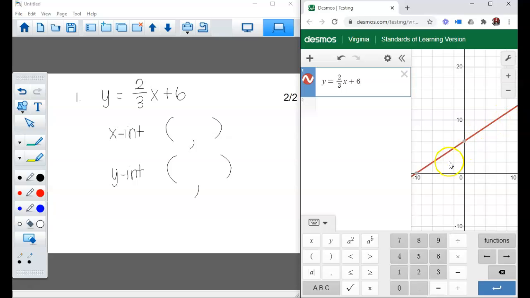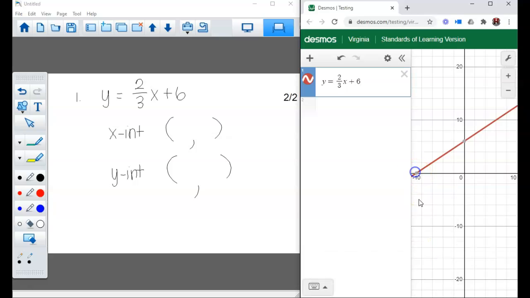And over here on my graph, I can see my nice, pretty straight line. I can see that it has a positive slope. So those are some things that I know about it. Now, to get my x-intercept, I look at my x-axis going across, and I come over here to where the line hits the x-axis, and I click on that point.